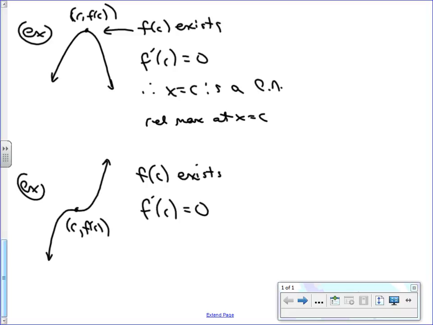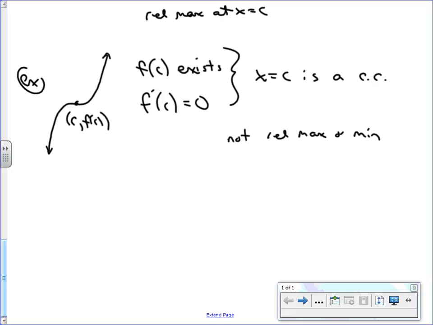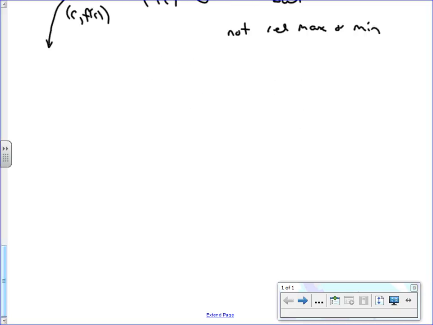The graph right there is flat, but x equals C is not a relative max or min. Let me rephrase that. X equals C is a critical number, but not a relative max or min. Okay, it flattens out, but it does not go back down or go back up again. All right.